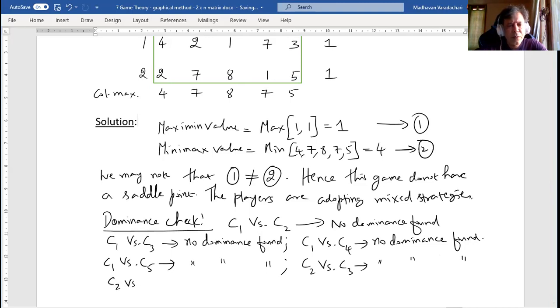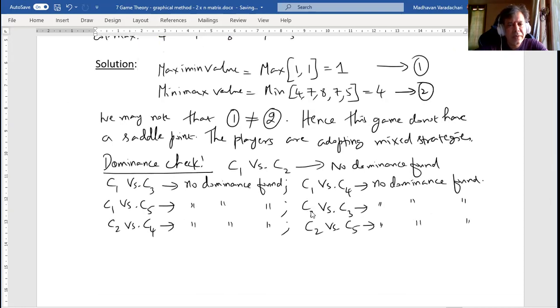Then C2 versus C4. 2 is lesser than 7, whereas 7 is greater than 1. So again, no dominance found. C2 versus C5. 2 is lesser than 3. 7 is greater than 5. Again, no dominance found.